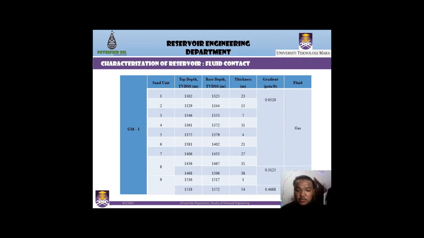For 8.2 until 9.1, there is an oil phase at 0.3125 psi per feet, and for 9.2 there is a water phase at 0.4688 psi per feet.